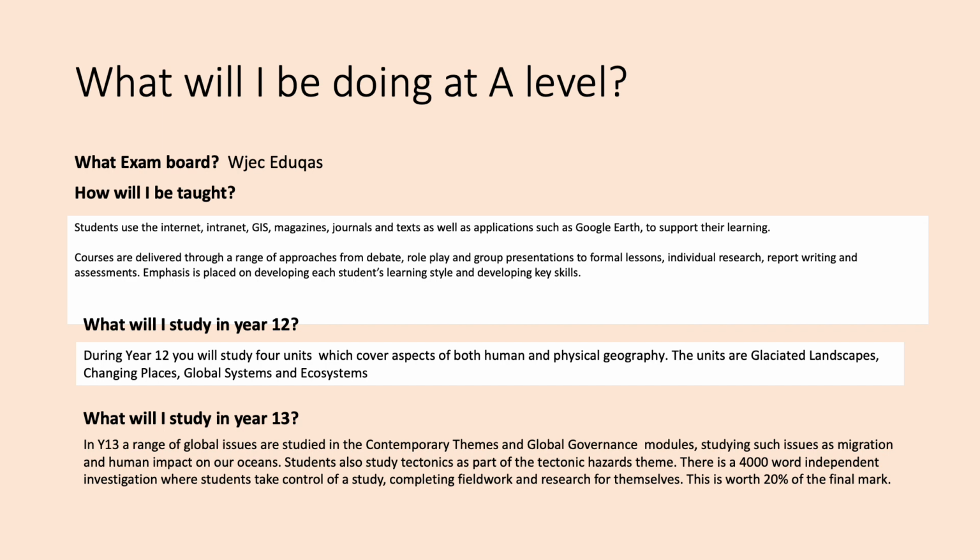You do get given some guidance in lesson time, though there's a limit of how much we can actually guide you on that. So throughout the beginning of Year 13 and the summer between Year 12 and 13, you are given guidance on that, and that's worth 20% of the marks. The majority of the time, though, is taken up studying the further units.